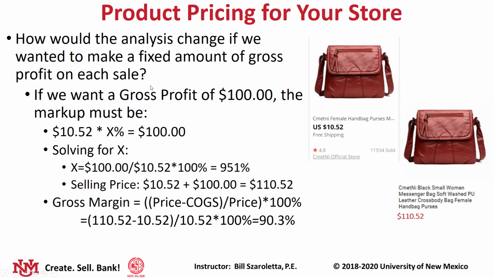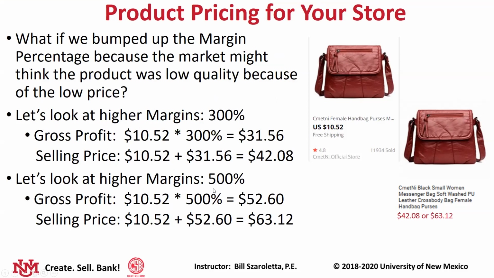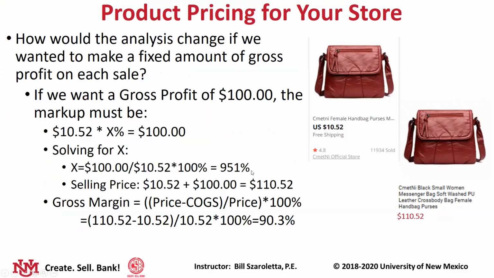Now, how would that analysis change if we wanted to make a fixed amount of gross profit on each sale? So let's say we wanted to make a gross profit of $100. Remember, 500% gave $52 of gross profit, but we want to make a gross profit of 100. So you go plugging in, you do a little algebra, and you find out that you need 951% as the margin in that particular line.